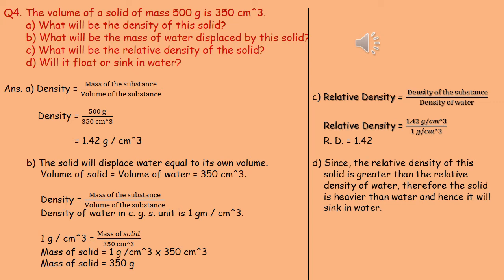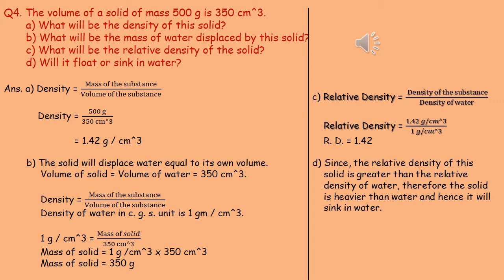Because the volume of water is given in CGS unit, that is centimeter cube. So we are choosing this value. Substituting the values, we are getting 1 gram per centimeter cube is equal to mass of solid by 350 centimeter cube. By cross multiplication, we are getting that mass of solid will be equal to 350 gram.